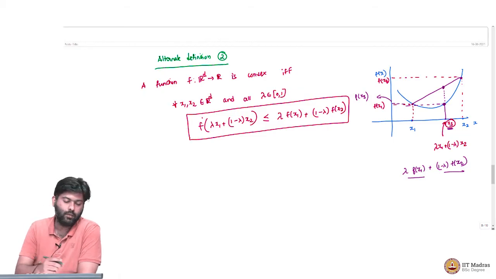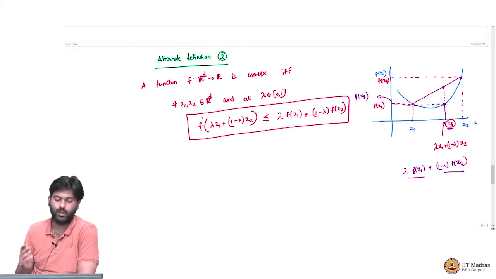So, this is another way to define convex functions, and one can show that this is exactly equivalent to our previous definition as well.